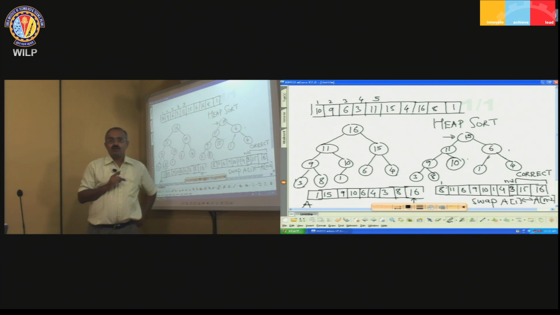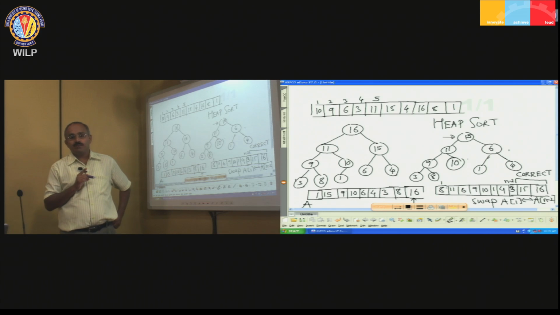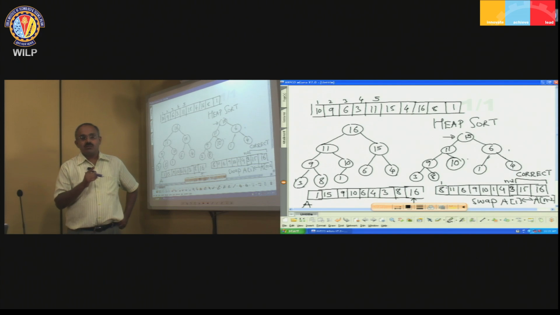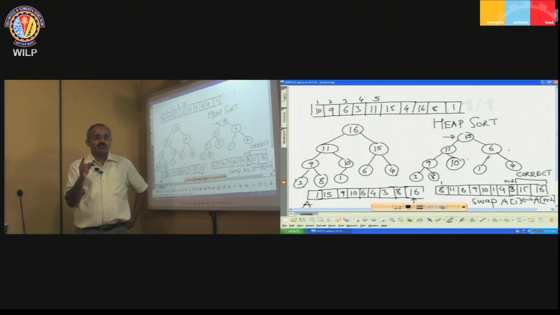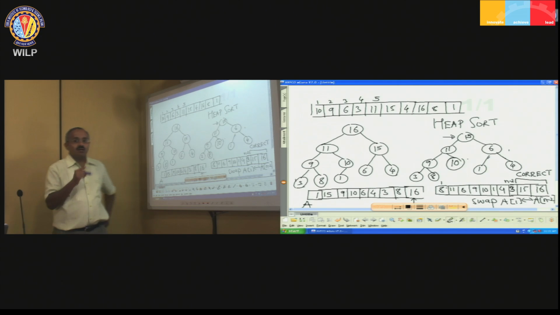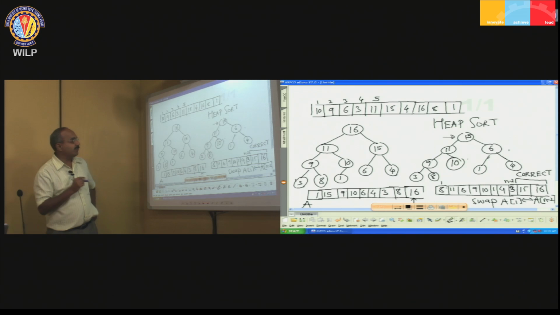This procedure will continue for n iterations. Each iteration requires heapifying at the root position, which takes log n time in the worst case. So, heap sort in total requires n log n time.